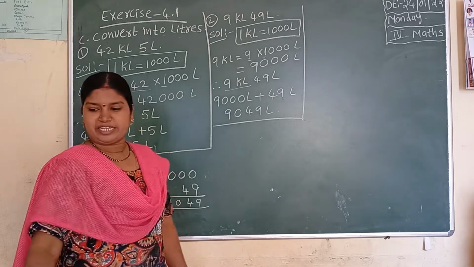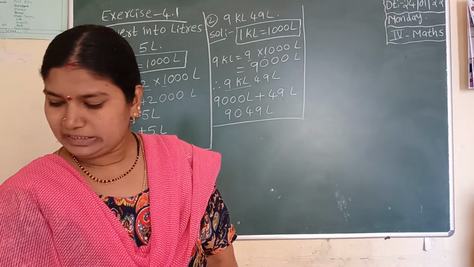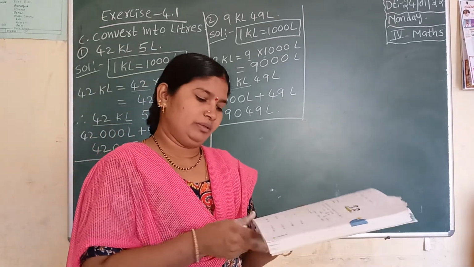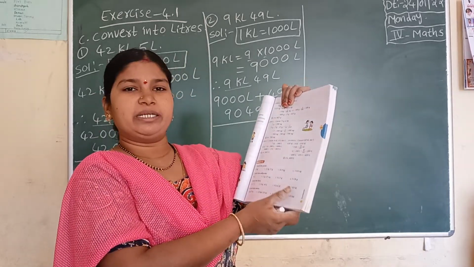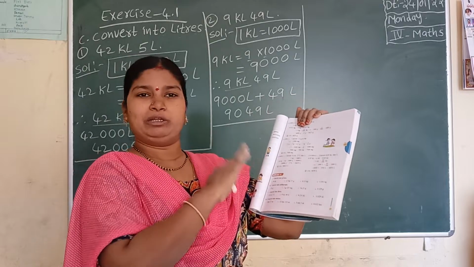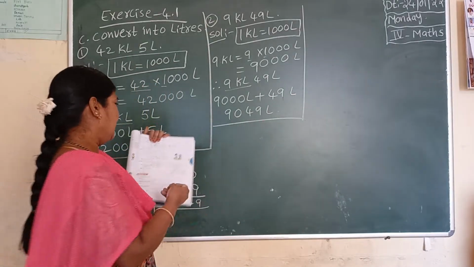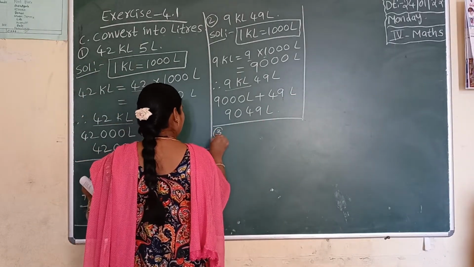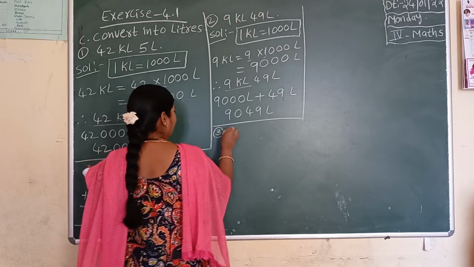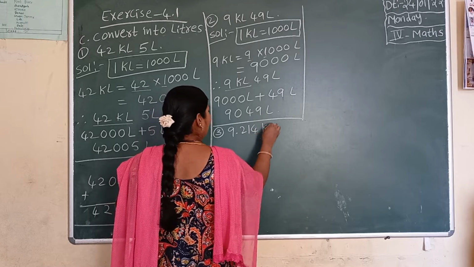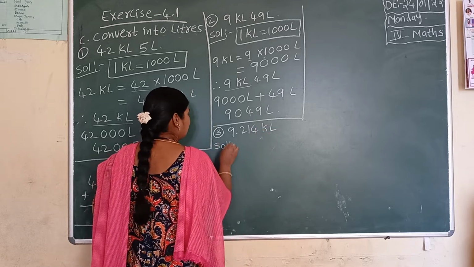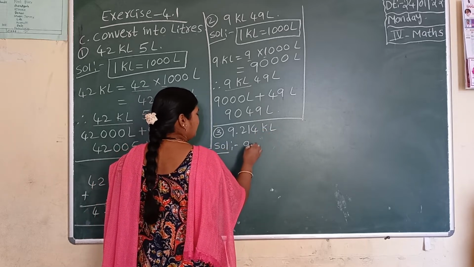Now, same like this you have 3 and 4. But they have given a point here. The point is nothing but how to convert into kiloliters and liters. Here I am writing the question. You only write down the answer. 9.214 kiloliters. First, how to convert 9?